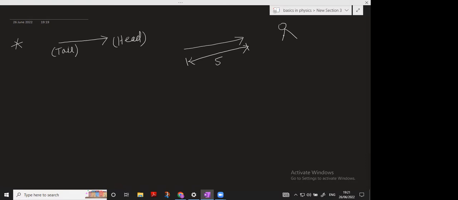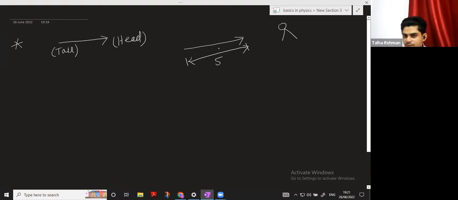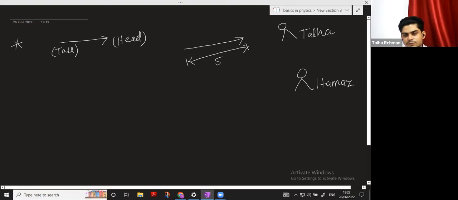Yes, sir. Okay. So it means you know the direction of this arrow. And maybe here is some other man, like this is Talha, my name is Talha, and this is Hamza. Sorry, H for Hamza.